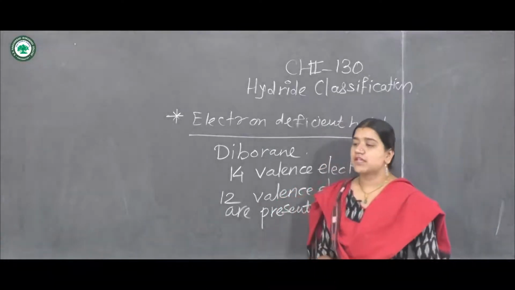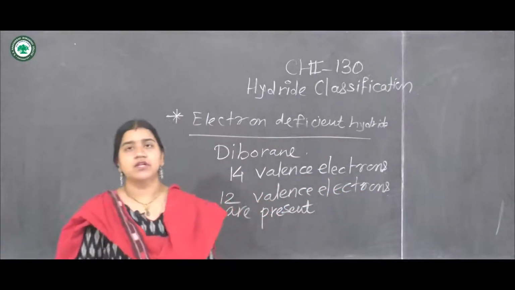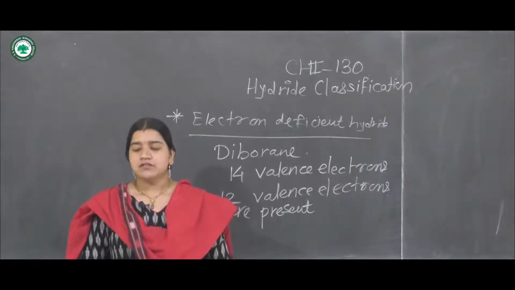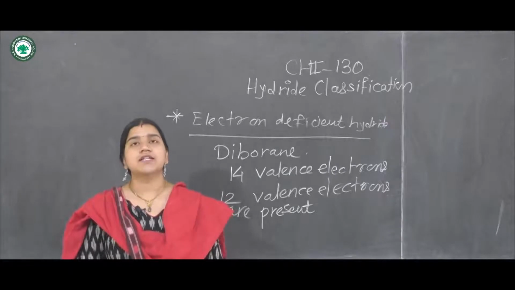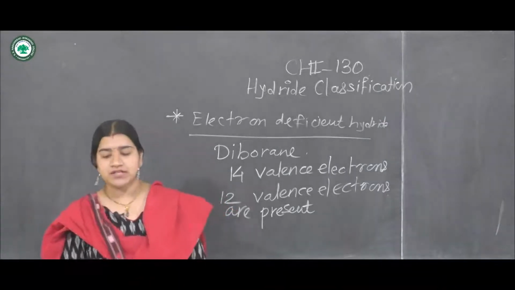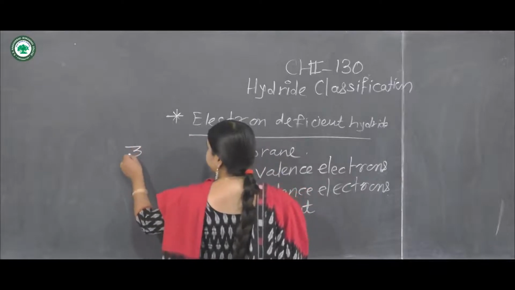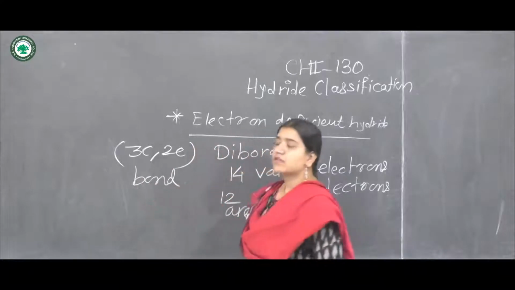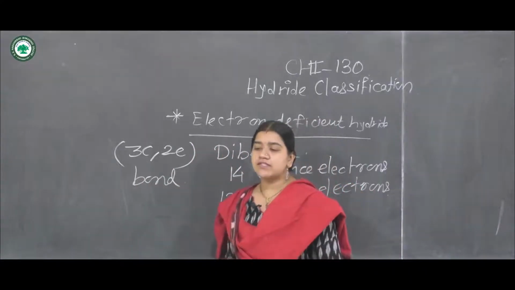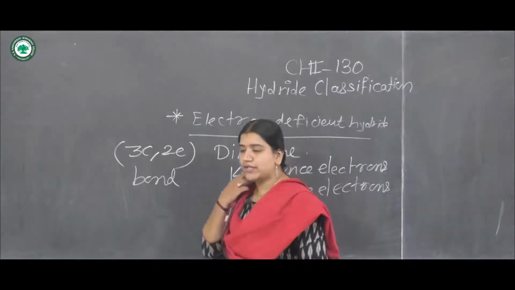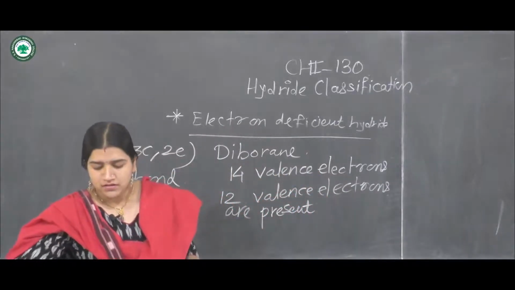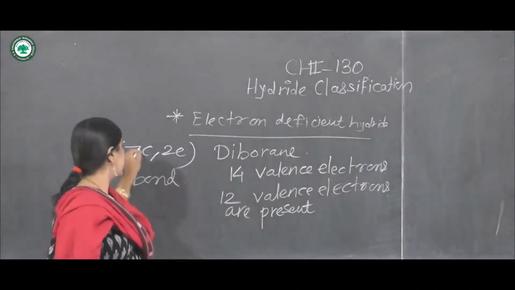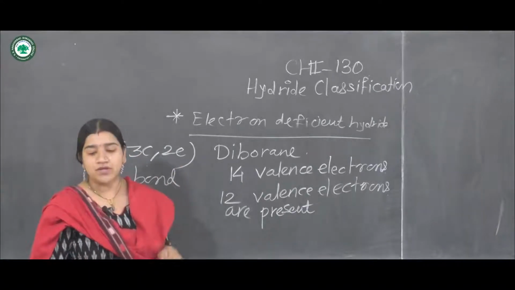Now we will see the structure of diborane. In diborane there is a presence of 3C2E bonds. What does the 3C2E structure mean? 3 center and 2 electron bonds are present, so it is known as the 3C2E bond structure.